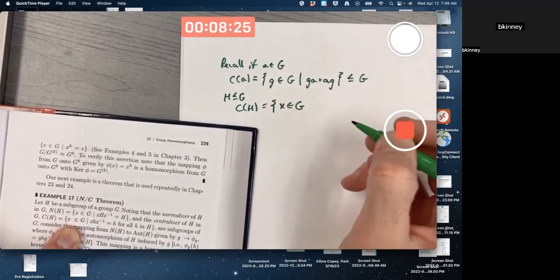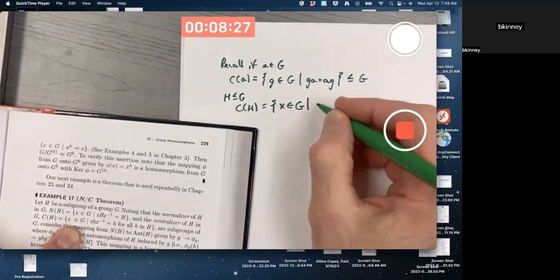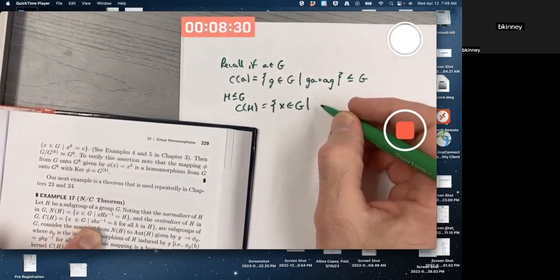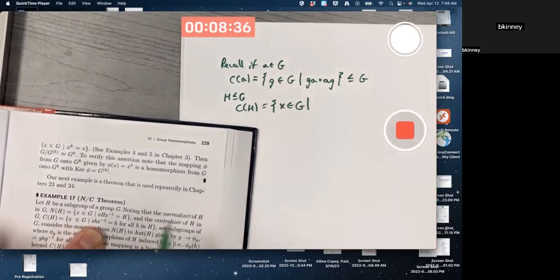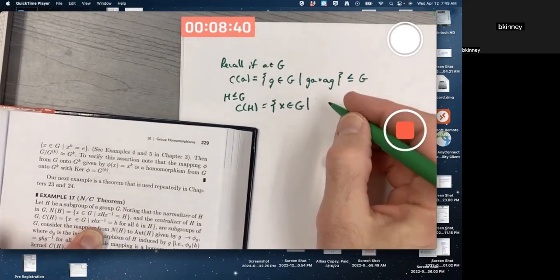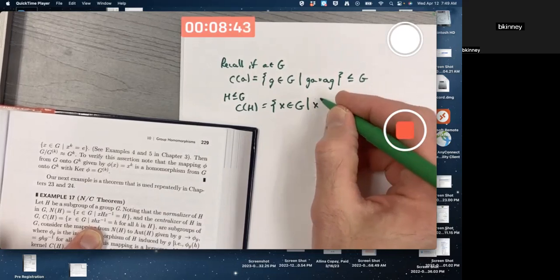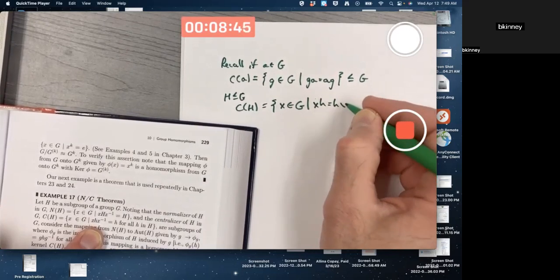All the elements X in the group that commute with everything in H, written in a sort of atypical way by having X inverse on the left side of the equation. That equation is equivalent to this equation, right?